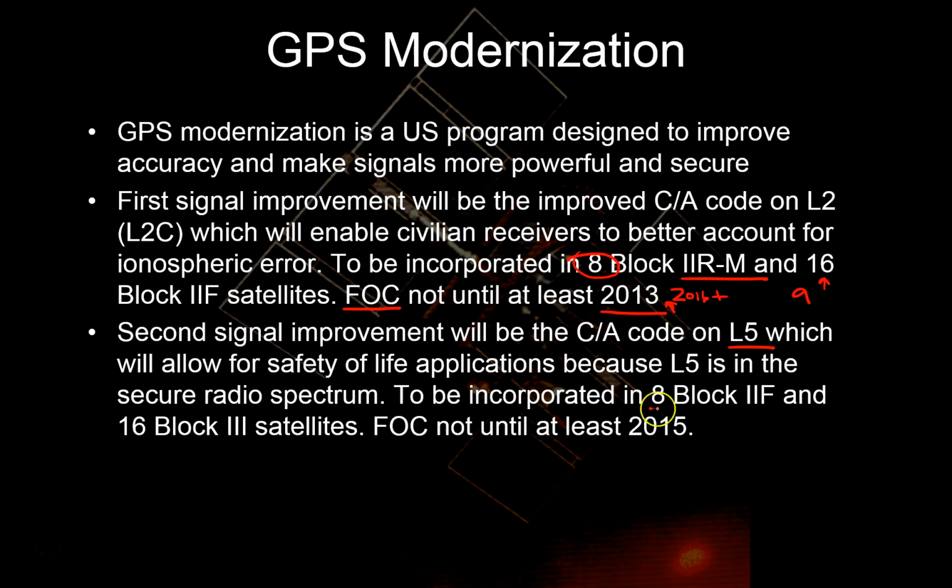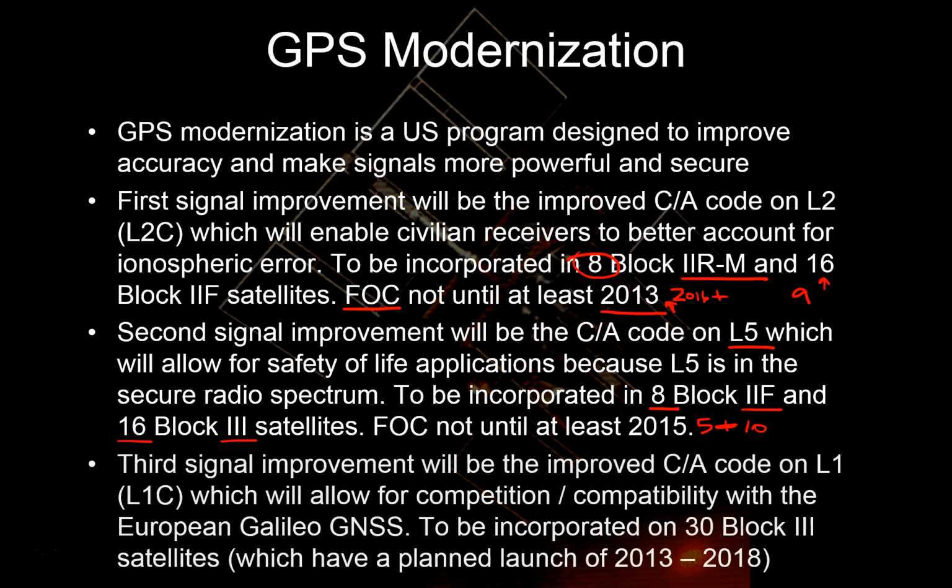There need to be 8 Block 2F satellites supporting L5, and then 16 Block 3 satellites, and full operational capacity not until at least 2015. I'd probably add another 5 or more years, maybe 5 to 10 years, before full operational capacity of basically GPS 3 would be up and running.